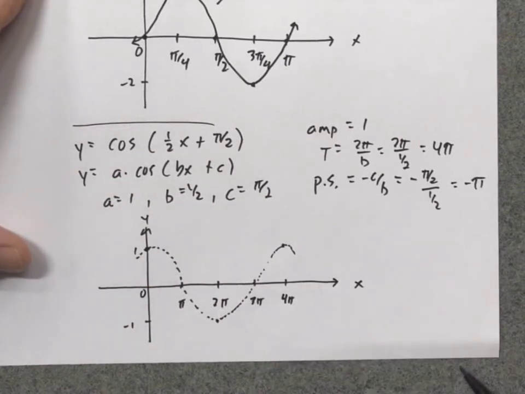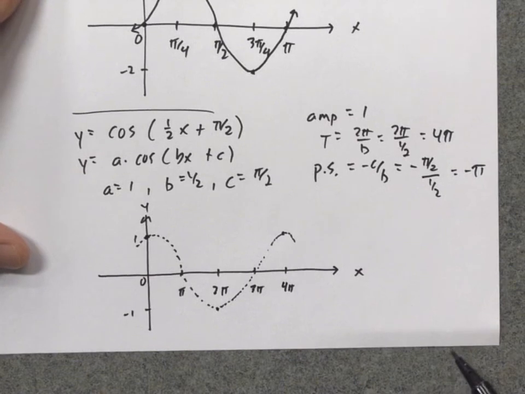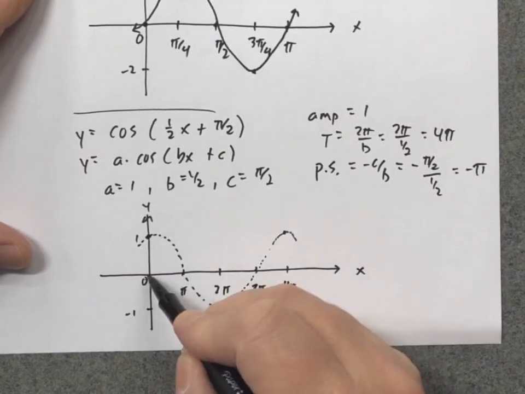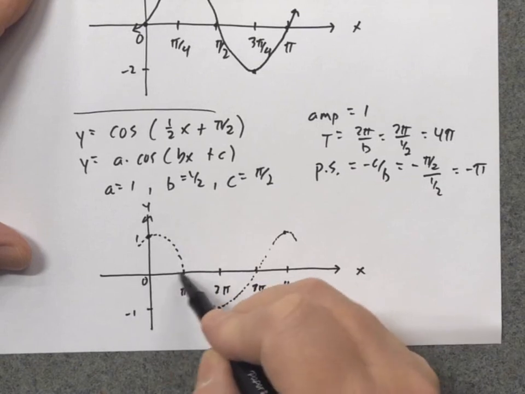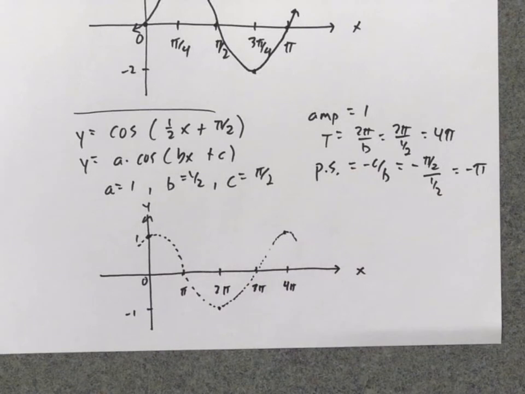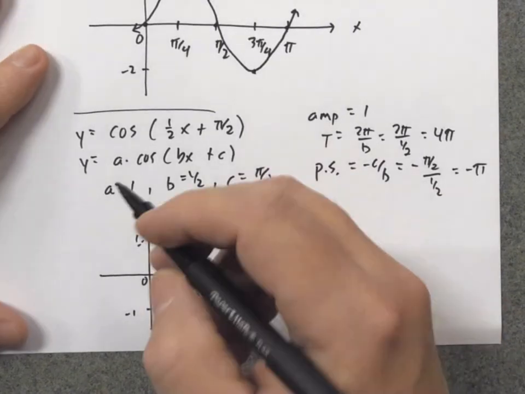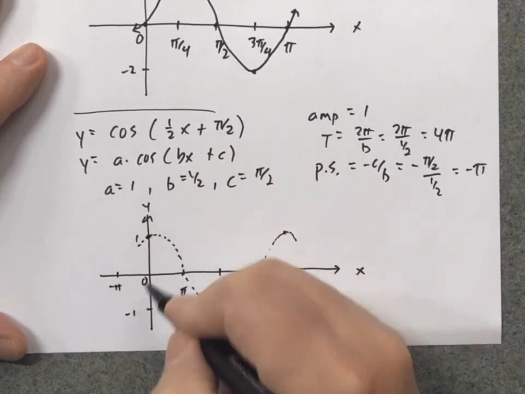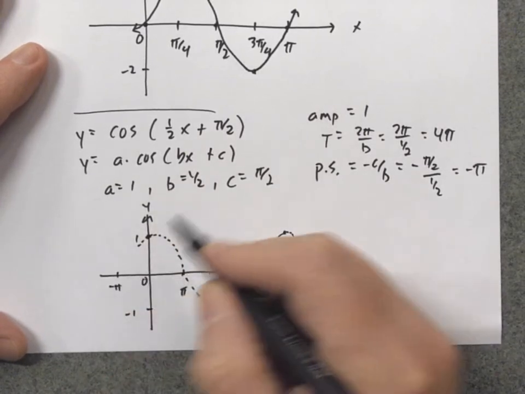So I want to figure out, how far actually is pi? Well, here's 0 and here's pi. So really, pi is like 1 tick mark. That's how far I need to shift this graph, and I'm going to shift it in the negative direction. What does that mean? Here's what I do. If 0 is here and pi is here, this is negative pi.